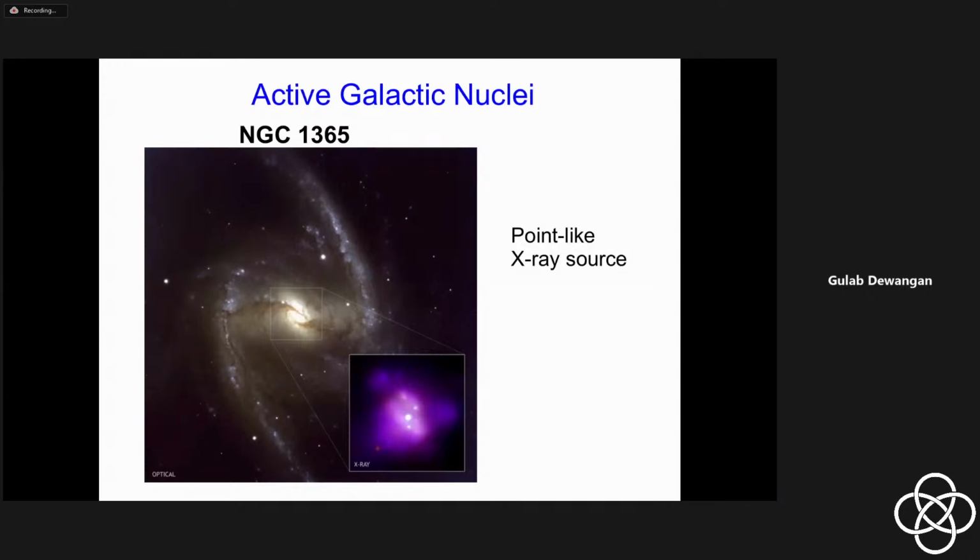But if you look at the same galaxy and take high resolution images in the X-ray band, because X-rays can penetrate this material, then again you will see a very bright star-like nucleus at the center of the galaxy. This is again a sure signature of active galactic nuclei. So an X-ray point-like source at the center of a galaxy is another characteristic of active galactic nuclei.